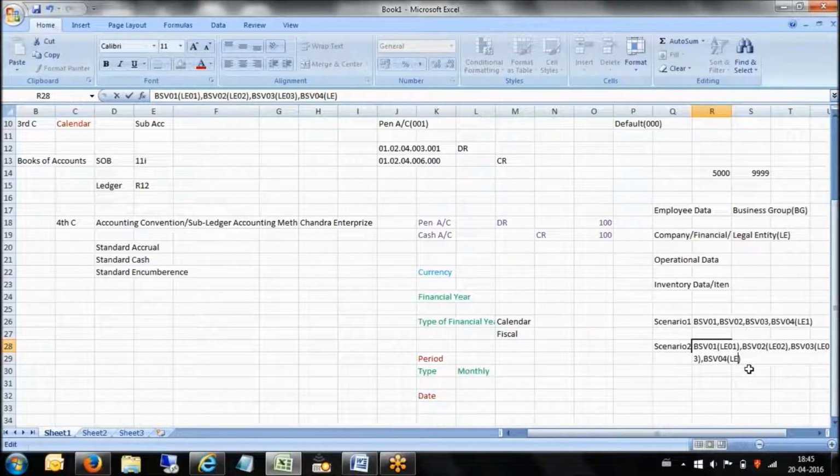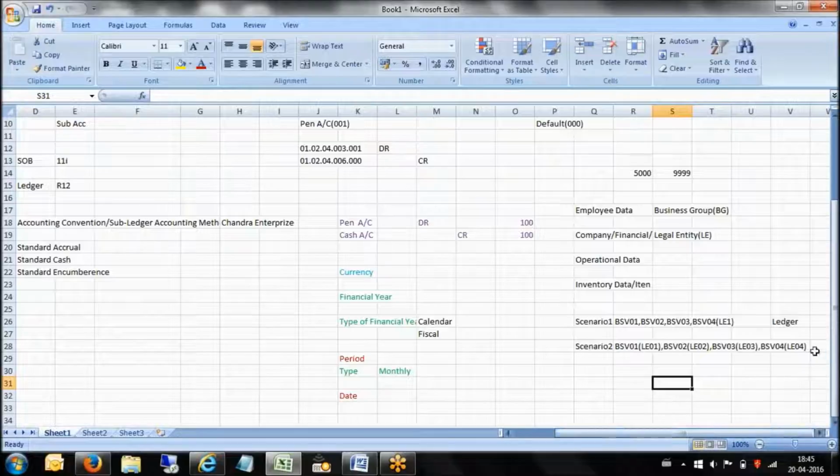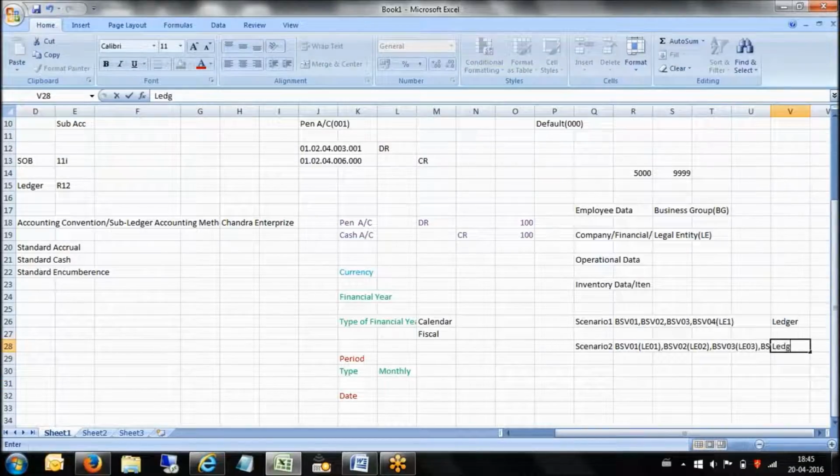Then it will be 1 to 1, and 04. And one ledger.